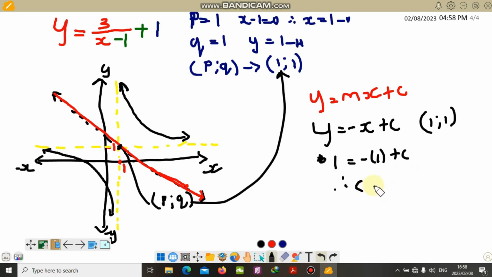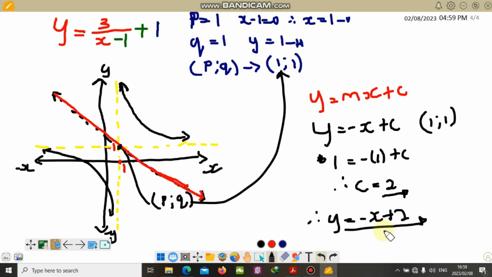Therefore c is equal to 2, because this minus 1 will go that side and become positive. So therefore the equation is y equals minus x plus 2, this is the equation of symmetry.